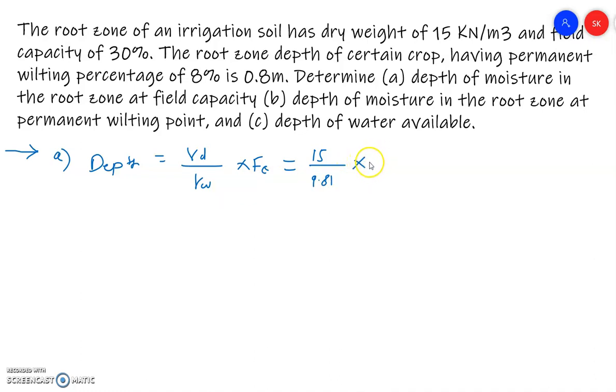Field capacity is 30%, so it is 0.30, which is equal to, if we do the calculation, 0.459.